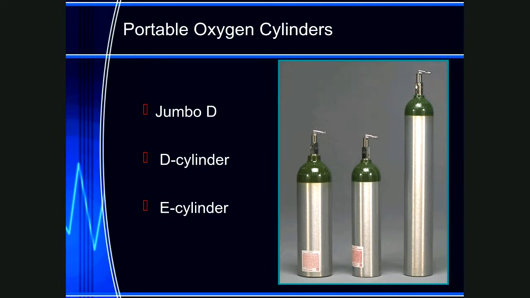No matter what size it is, the jumbo, the D cylinder, the E cylinder, they're all under 2,000 psi. The D cylinder, the middle bottle, holds about 350 liters of oxygen. The E cylinder on the right-hand side holds 625 liters.